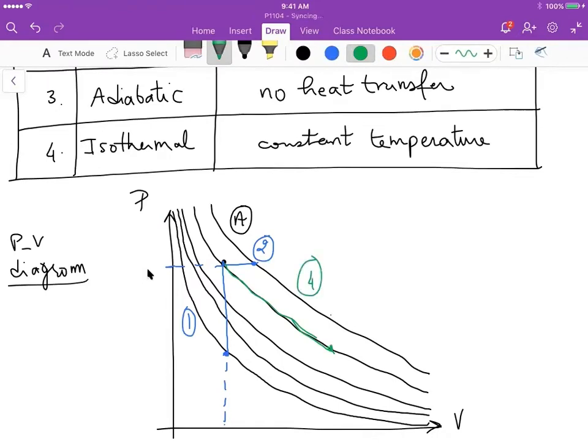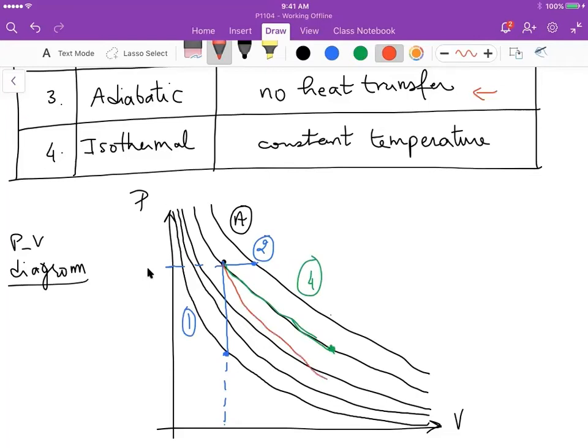Now in the adiabatic process we will see that whenever you have an adiabatic process you will have a change or variation in the temperature of the system, whether going up or down. For this reason, we are going to move from one curve to another, because here each curve corresponds to a given temperature. So whenever you are dealing with an adiabatic process, the temperature of the ideal gas will change, and so you are always moving from one curve to another.